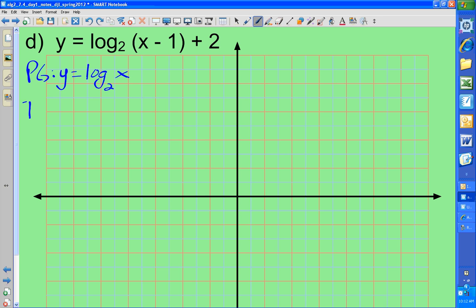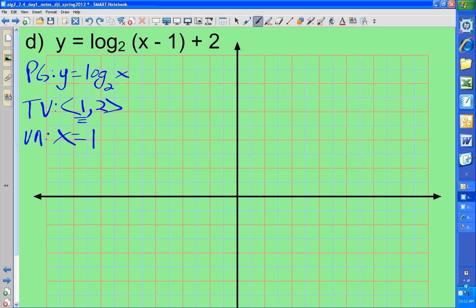Translation vector for this one? 1, 2. And no stretching, so the vertical asymptote is automatically x equals 1. It's whatever c is. Okay? Yeah, sorry. So we have a translation vector 1, 2.